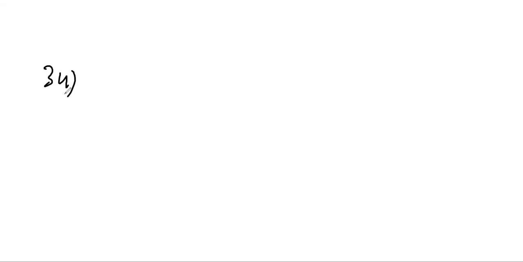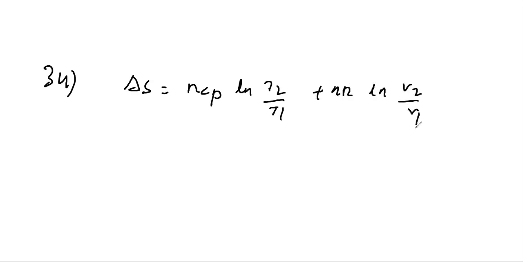Question number 34, students. Next one, delta S is equal to, use this formula: delta S is equal to nCp ln T2 by T1 plus nR ln V2 by V1, students. n value is equal to 16 by 32 into 10, 0.05 mole.